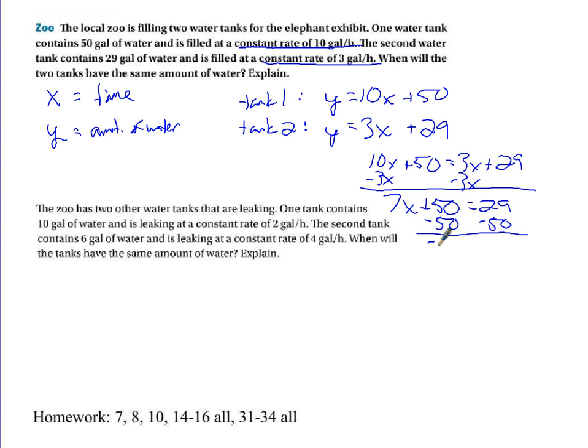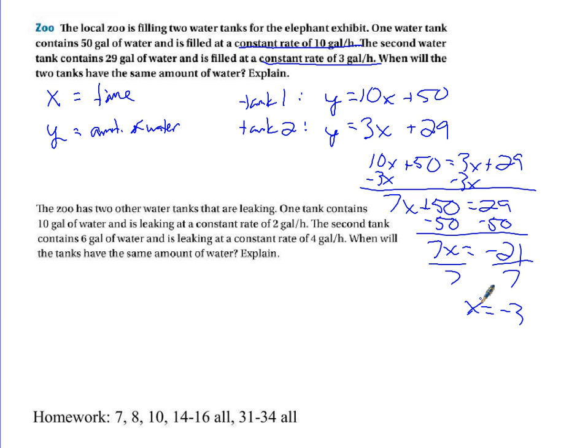And we get 7x equals, what is that? 29 minus 50. Yeah, negative 21. Okay, and we're solving for x. Divide both sides by 7. And we get x equals negative 3.